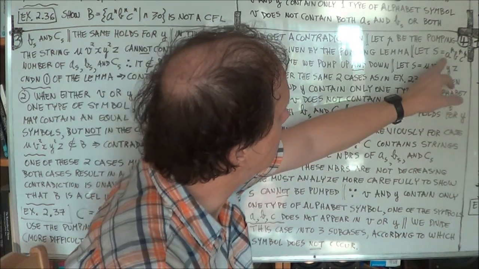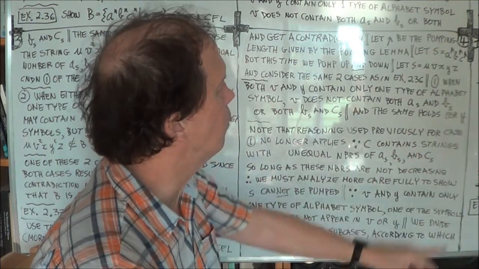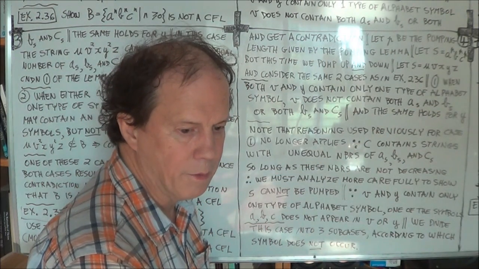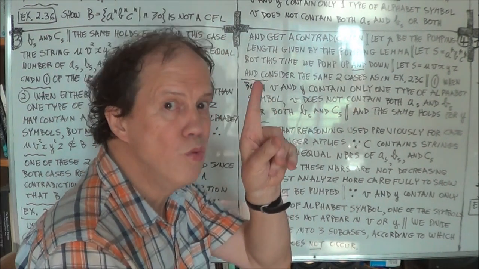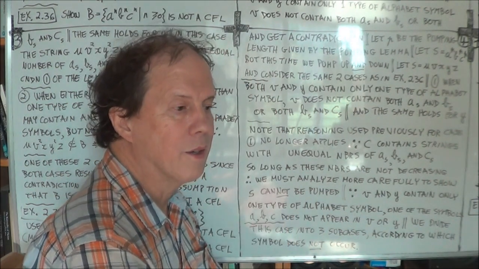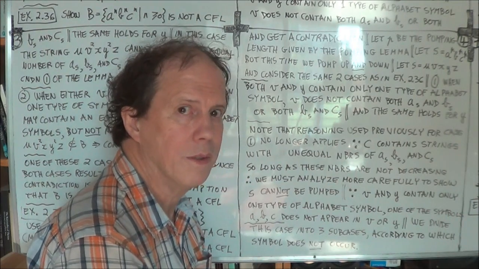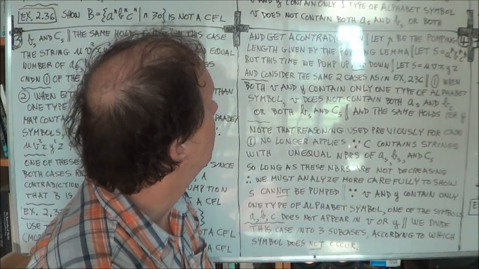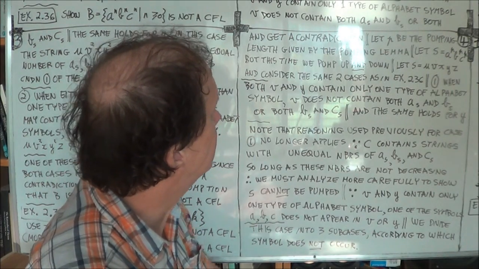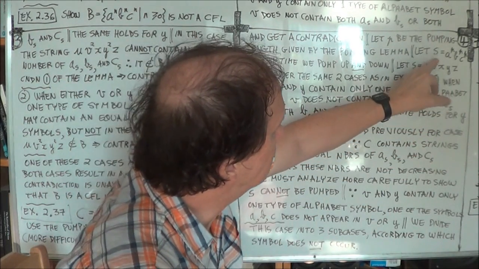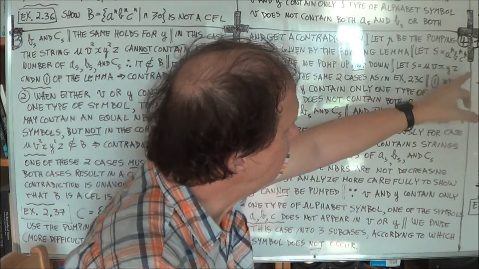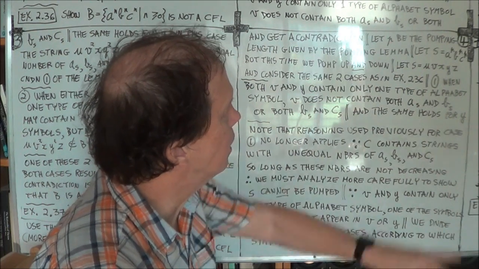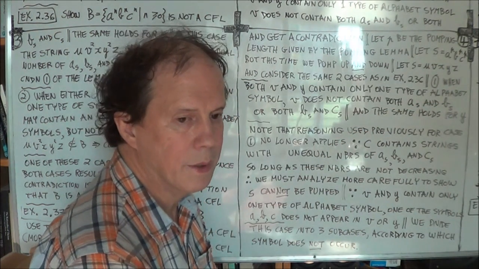So again, it's just A to the P, B to the P, C to the P, where P is the pumping length of this language C, assumed to be a context-free language. Each context-free language will have its own characteristic pumping length. Now, obviously, the length of this string will be 3p, which is greater than p, and therefore this string S can be pumped.